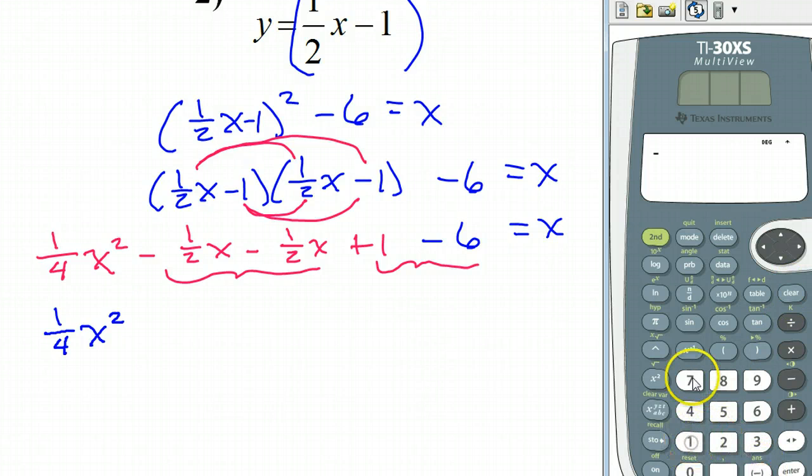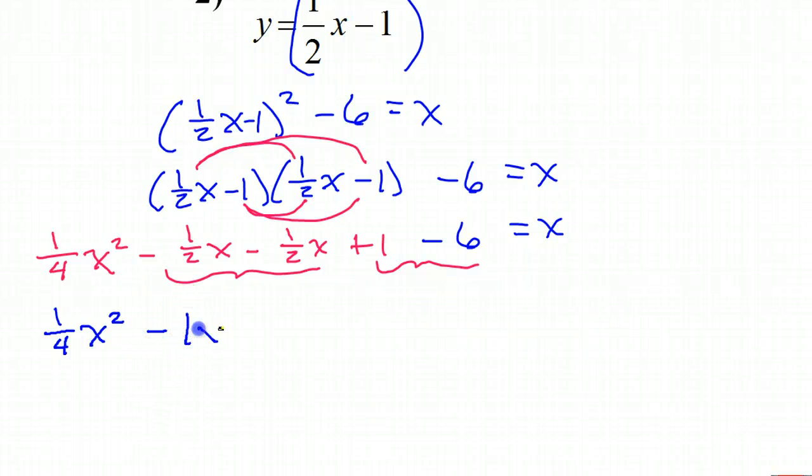Negative 1/2 minus 1/2, okay, that's negative 1. So this would make negative 1x. Of course I won't really put the 1. We'll just go negative x, but same thing. Positive 1 minus 6, that's negative 5, is equal to x.